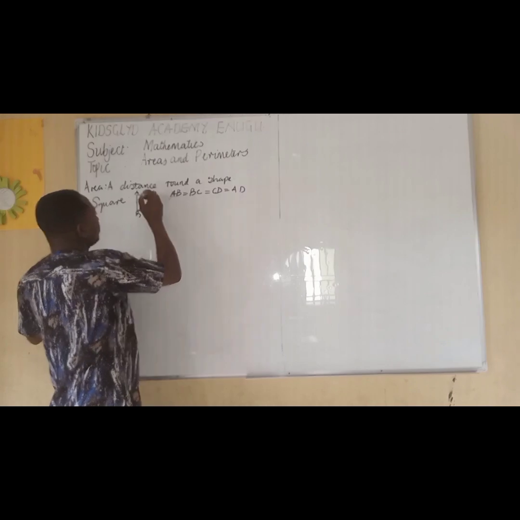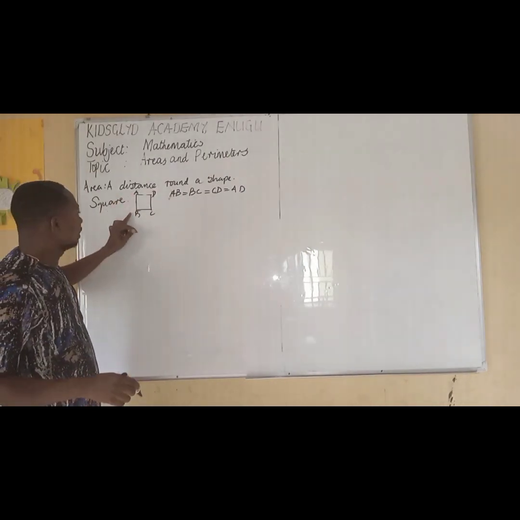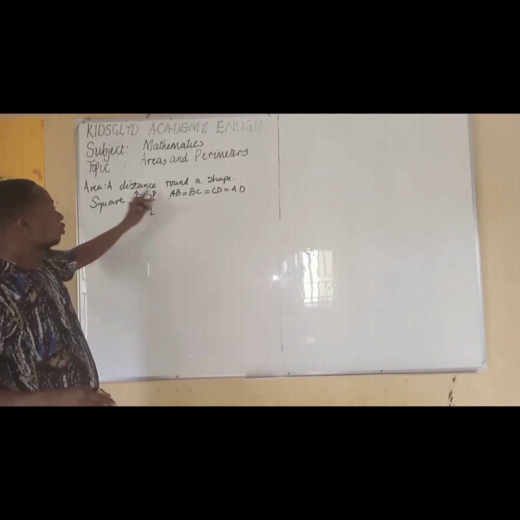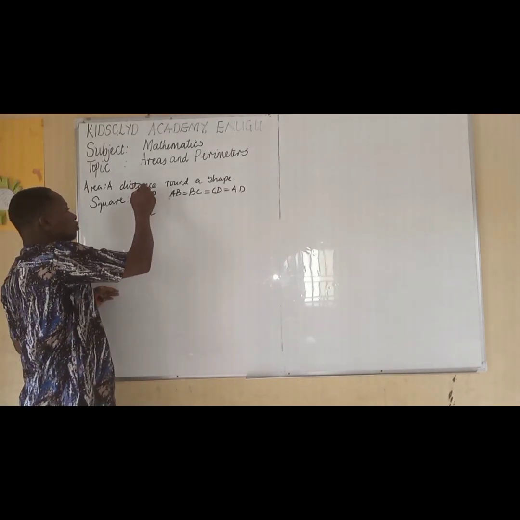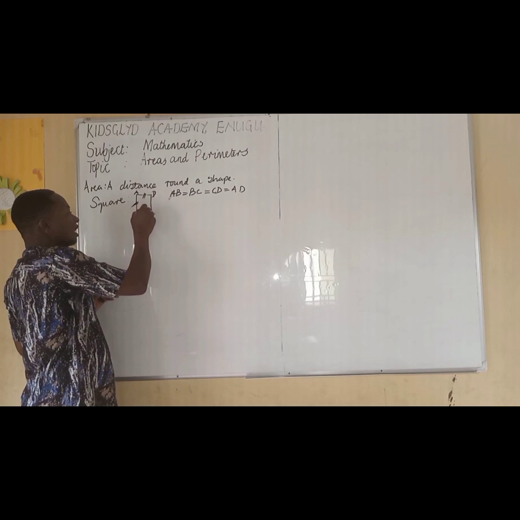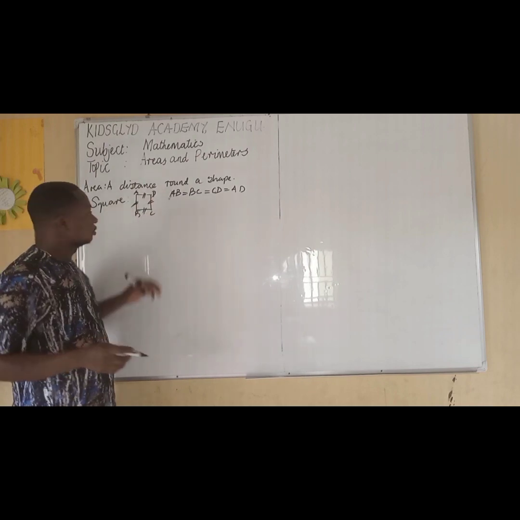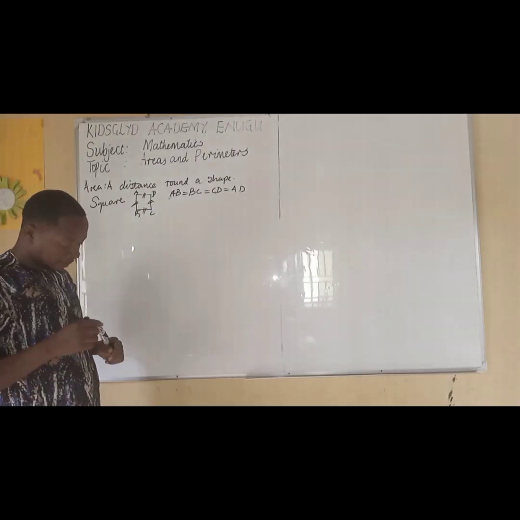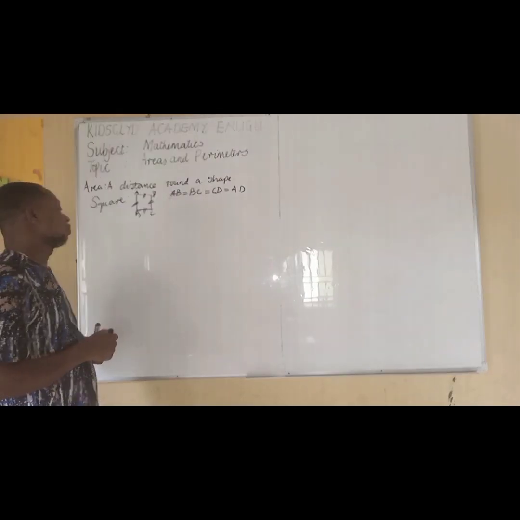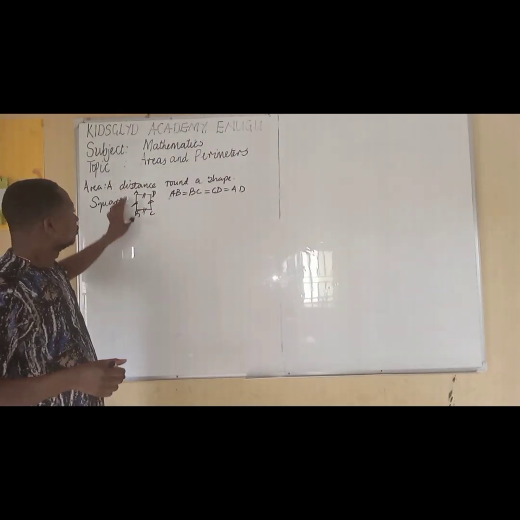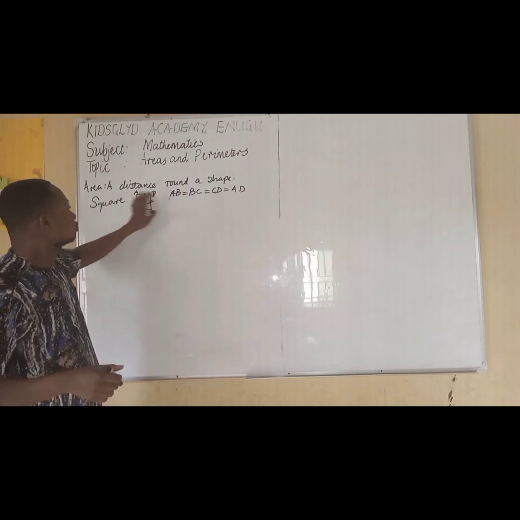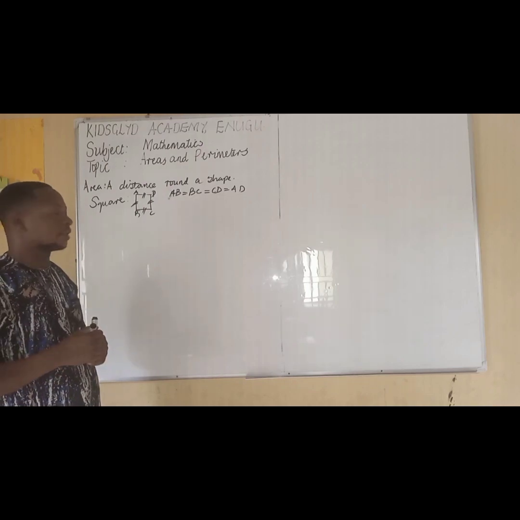So that means here to here is equal to here to here, is equal to here to here, and it's also equal to here to here. If you want to mark it, all the sides are equal. The 2 opposite sides are parallel, and the other 2 opposite sides are parallel. That means it's a parallelogram. So AB is equal to BC, is also equal to CD, and equal to AD. All the sides are equal.